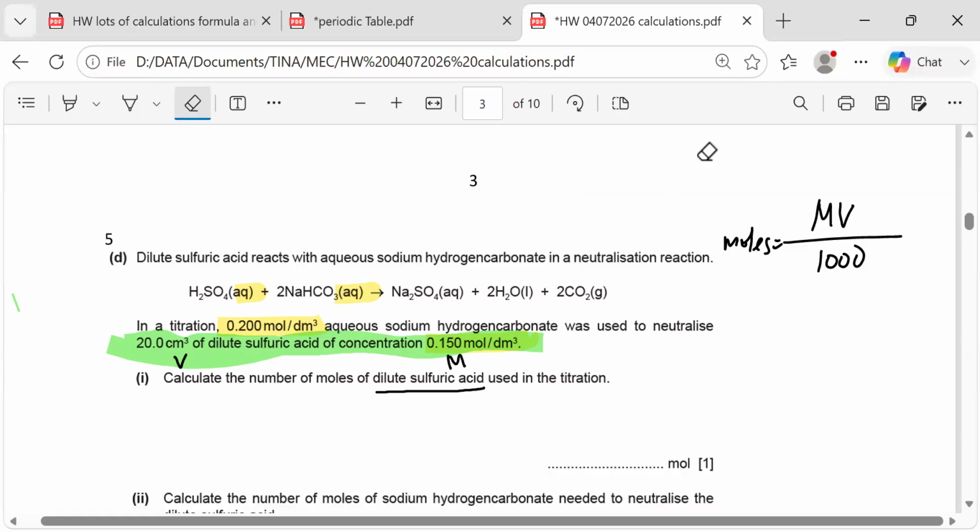The answer is 0.003. I was talking about 10 to the power of negative 3, I'm explaining to him what it means.